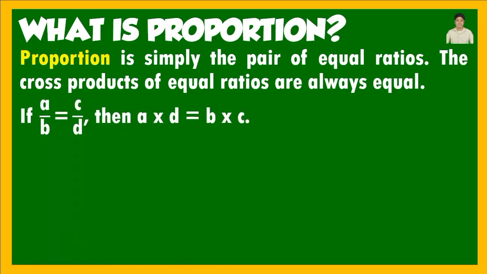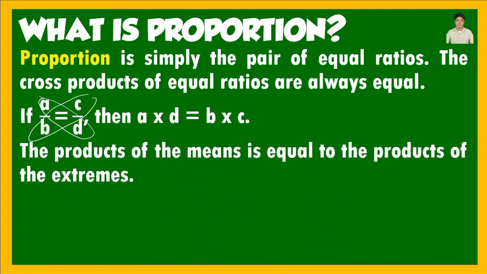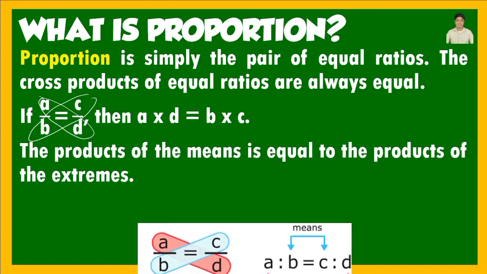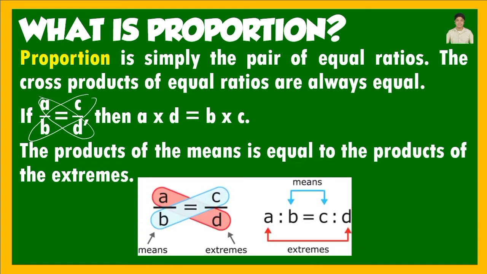So, if A over B is equal to C over D, then A times D is equal to B times C. So, cross product, A times D, B times C. So, the products of the means is always equal to the products of the extremes. So, ayan. Ang tawag po doon sa B and C, yung product noon ay means.